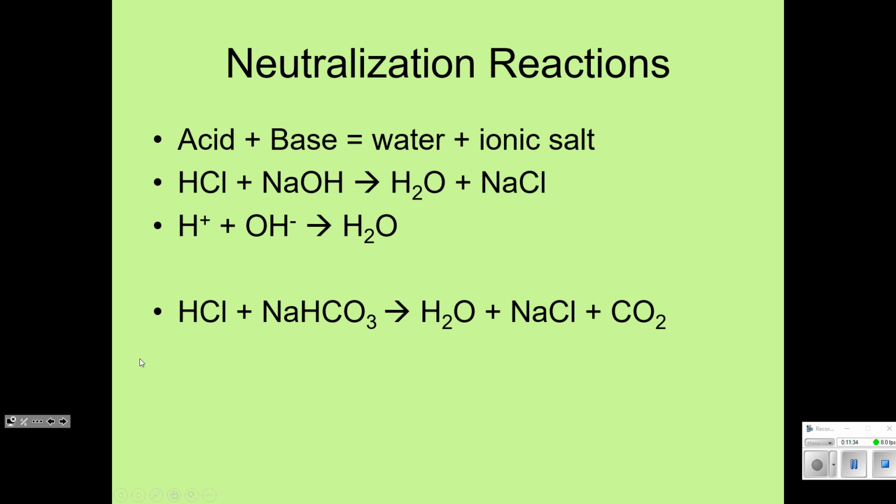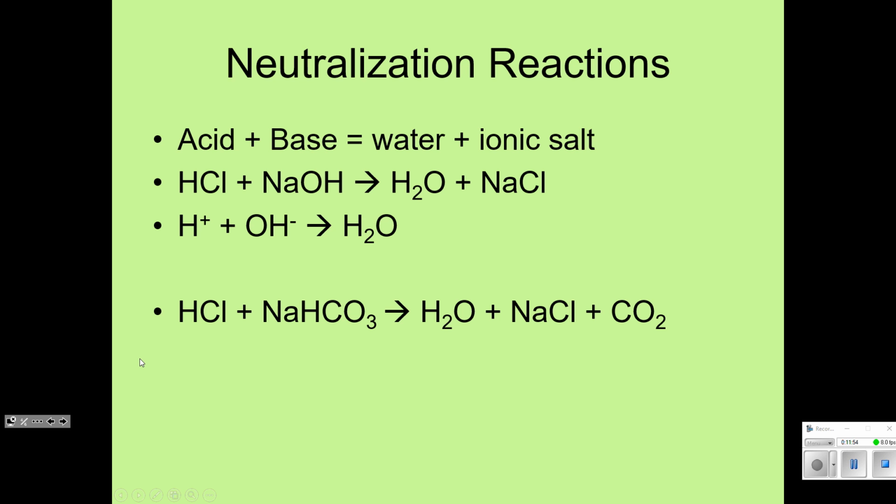By the way, the last bullet point on here, in Chem 1, because again, I'm trying to review Chem 1, we talked about a second type of acid-base reaction, where the base is something that contains the carbonate polyatomic ion. In that one, not only is water and an ionic compound produced, but so is carbon dioxide.